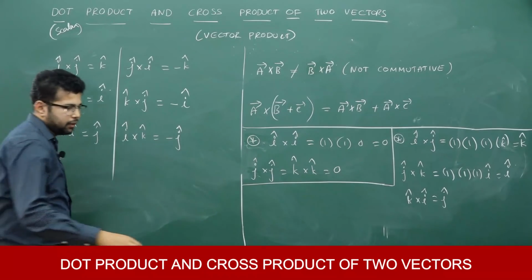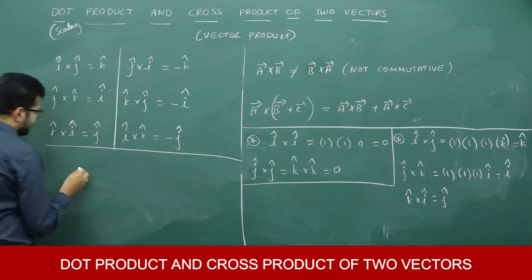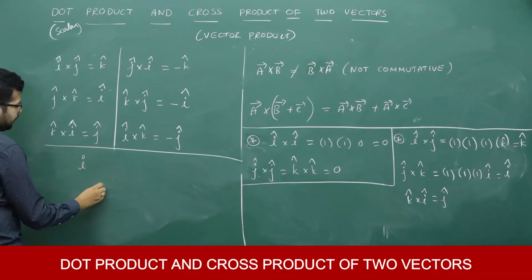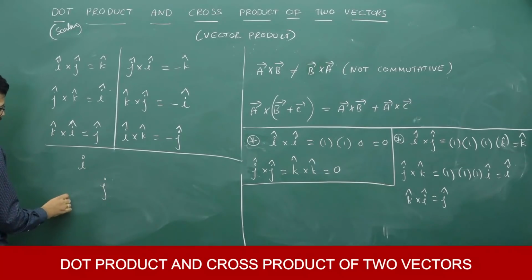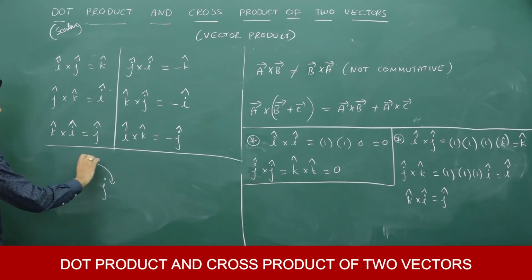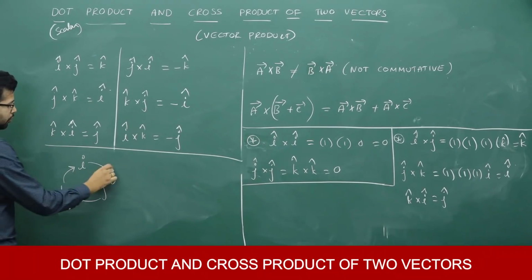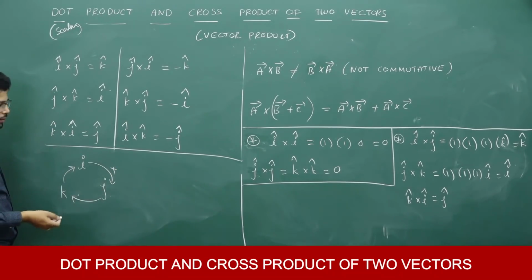Now, how to remember this? You can remember it like this: write i, j, k. If you go clockwise, i cross j is k, j cross k is i. If you go in reverse order, i cross k is minus j.